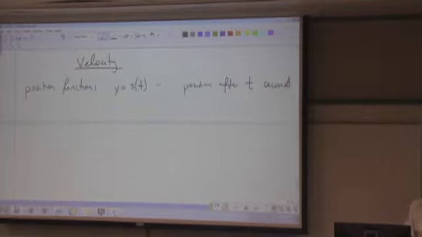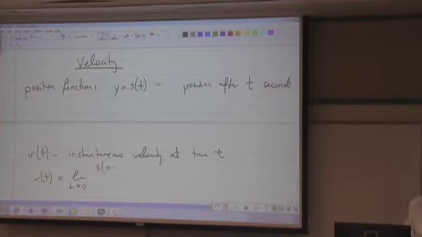Now, I can go through the actual writing out, but the key idea is v of t is the instantaneous velocity at time t, and it's given by v of t is equal to the limit as h goes to 0 of s of a plus h minus s of a, divided by h.